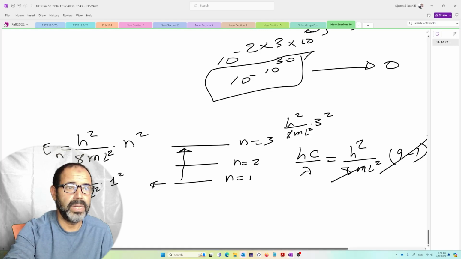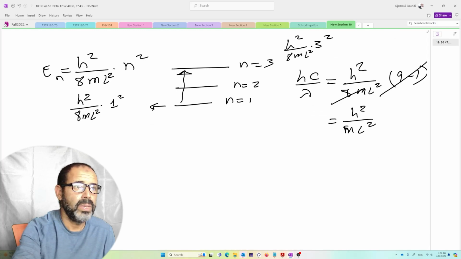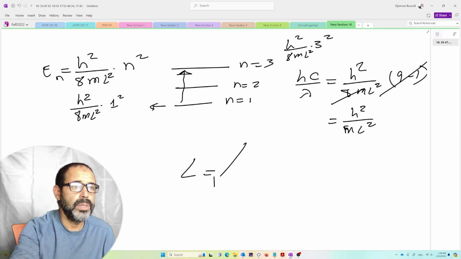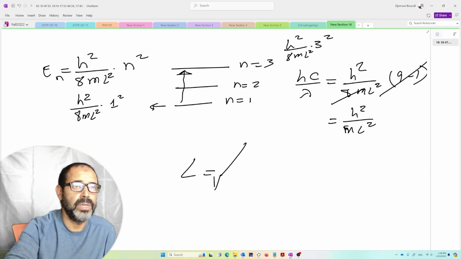9 minus 1 is 8, and 8 cancels, so this is going to be equal to h squared over m L squared, and that gives me an equation where you can find the length of this box, the length of the box where the electron is contained. So it's going to be equal to what?